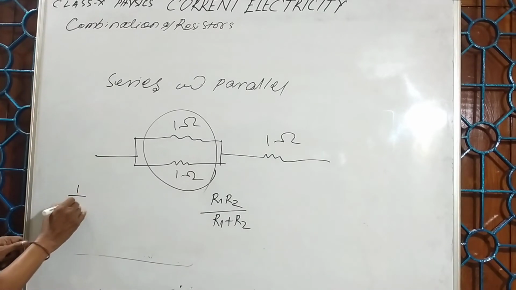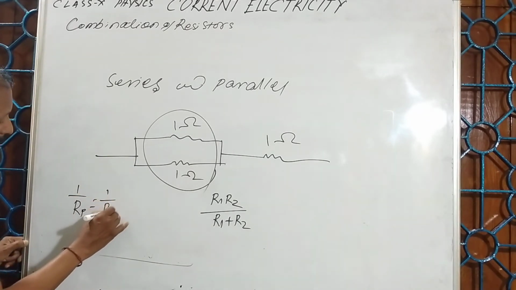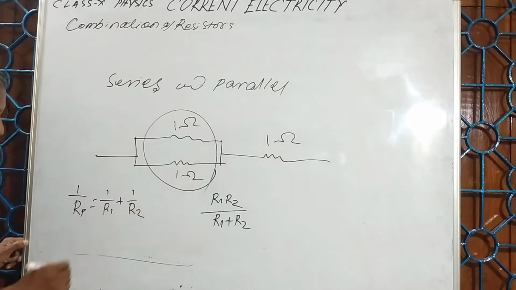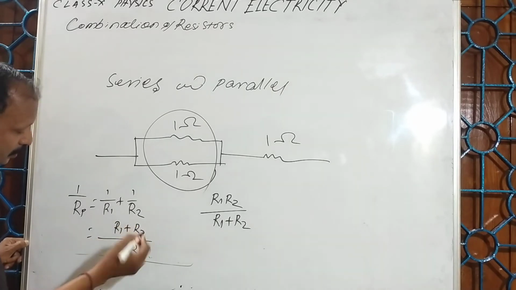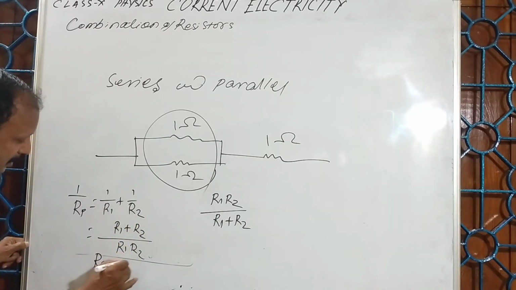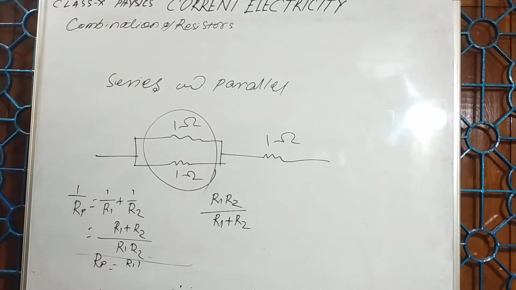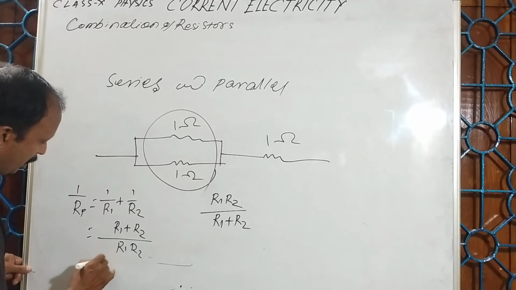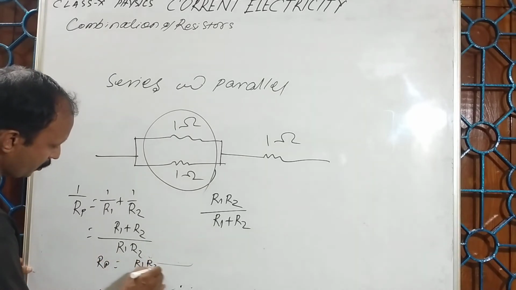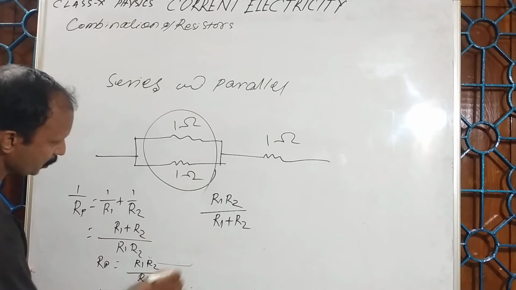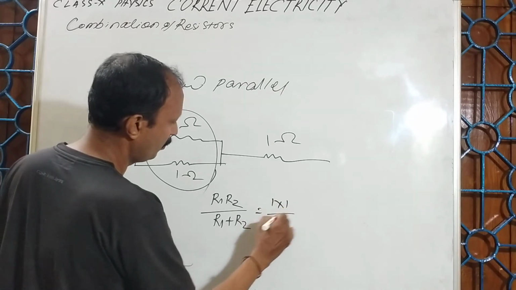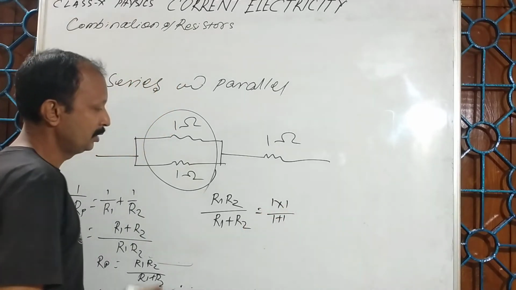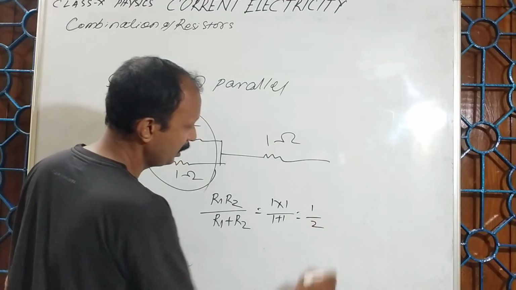I said that 1 by Rp is equal to 1 by R1 plus 1 by R2, so Rp is equal to R1 R2 upon R1 plus R2, the same formula I am using. So this is equal to 1 into 1 upon 1 plus 1, that means we got 1 upon 2.